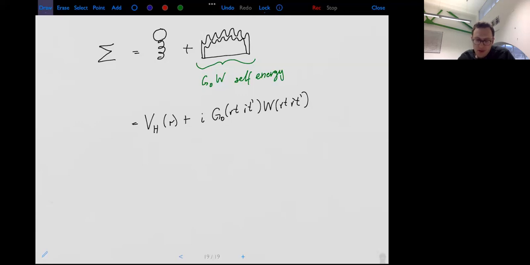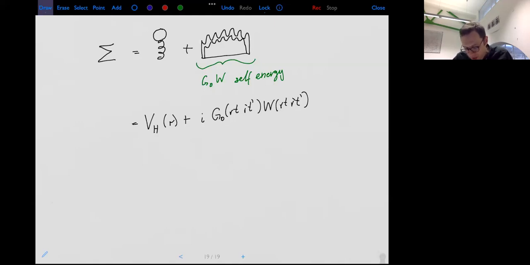This is just using the Feynman rules to represent this diagrammatic formula by an analytic expression. Okay, any questions so far? No? Okay.